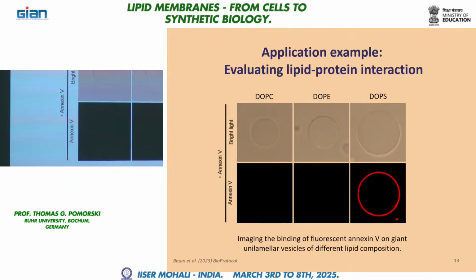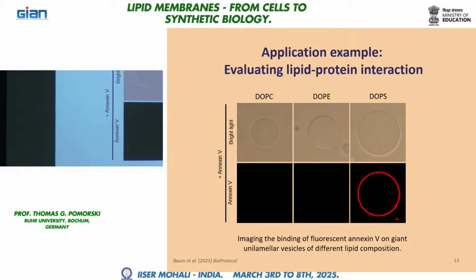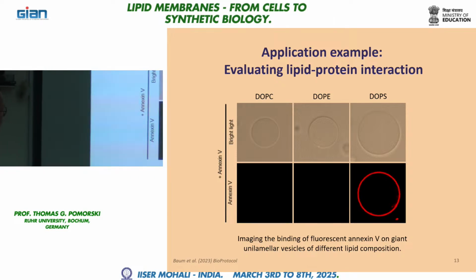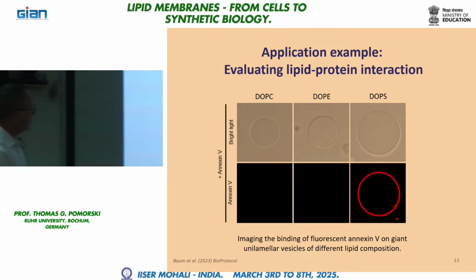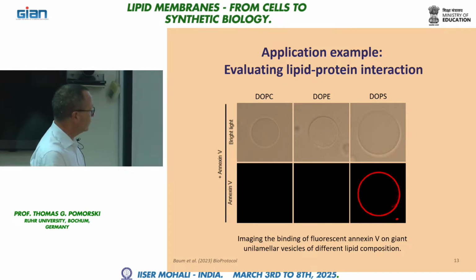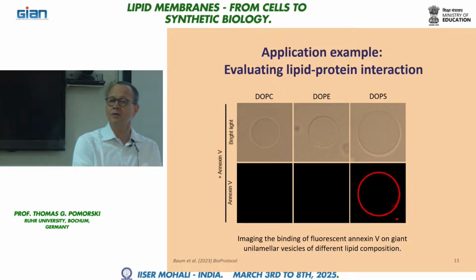Okay, so here's one example from our lab where we make vesicles of different lipid composition. This is a vesicle only containing phosphatidylcholine. This is a vesicle containing phosphatidylcholine plus phosphatidylethanolamine. That's a vesicle also containing a little bit of phosphatidylserine. And for those of you that are not so familiar with these chemical abbreviations, the other two letters indicate the fatty acid composition.